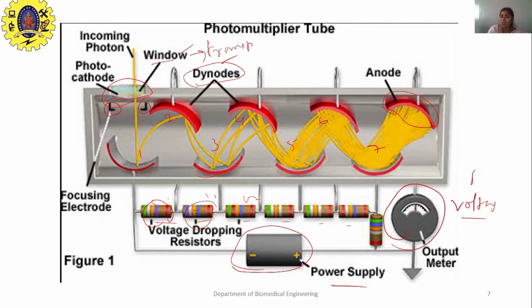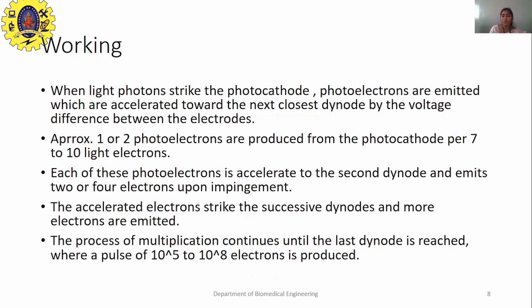The first advantage is that it can detect even weak light signals, and it also produces a stronger output signal. These two important advantages make the photomultiplier tube widely used. So this is the overall setup. As for the working, it is similar to the phototube.